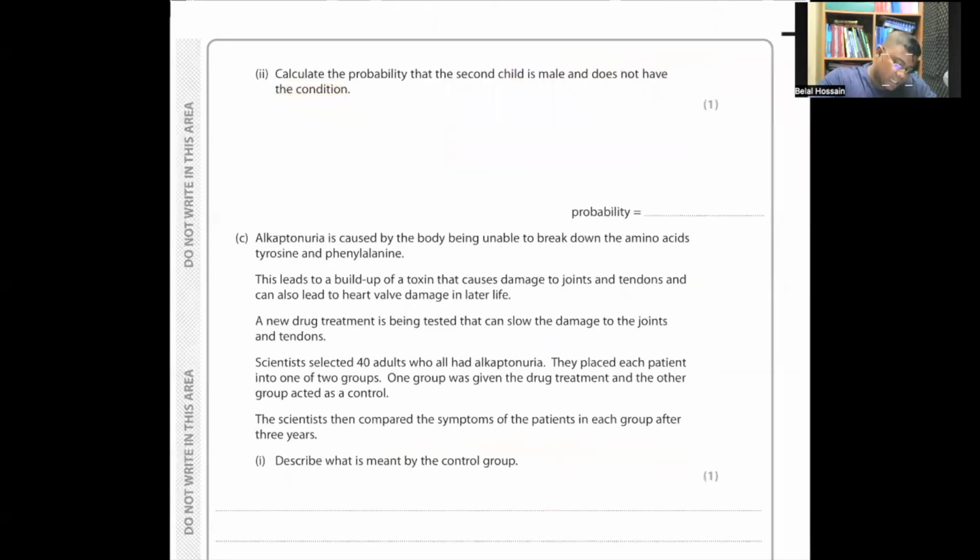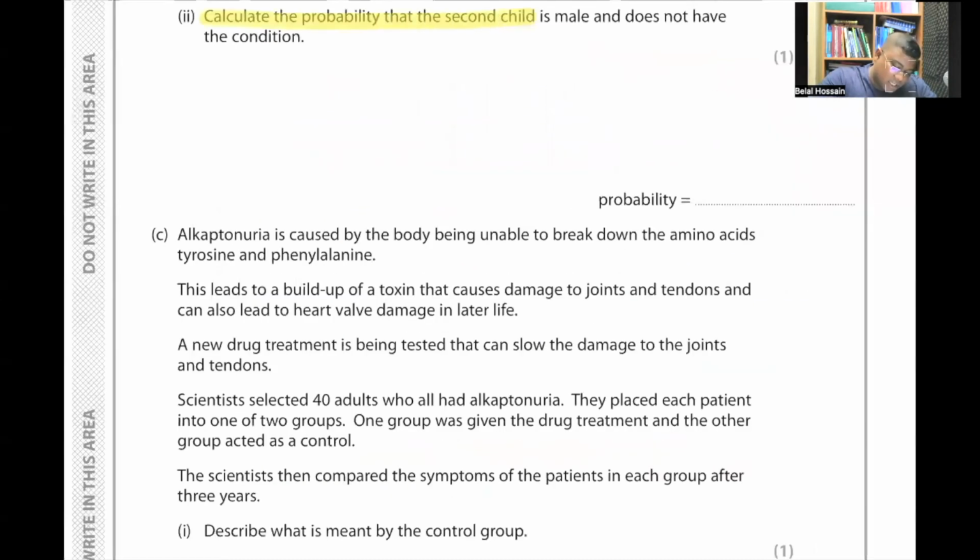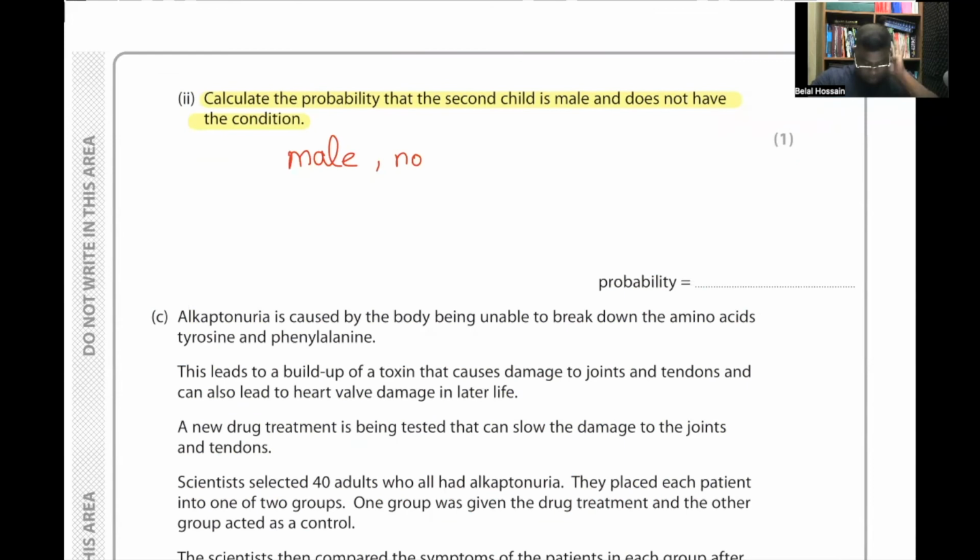Part 2. Calculate the probability that the second child is male and does not have the condition. Now we know that having a male child with no condition, so male and does not have the condition, so no alkaptonuria.